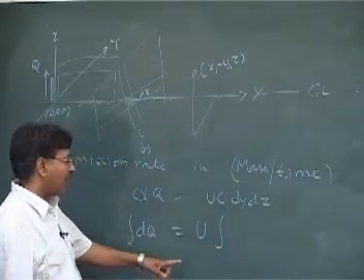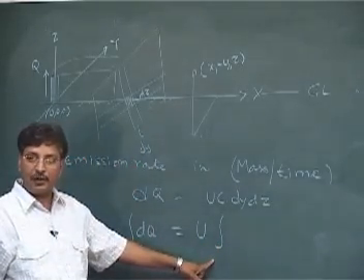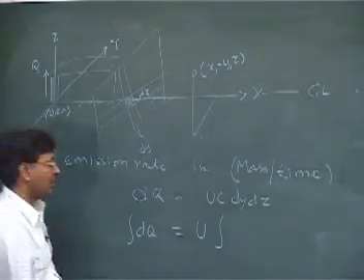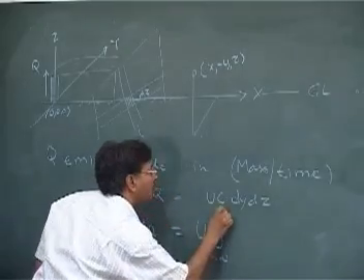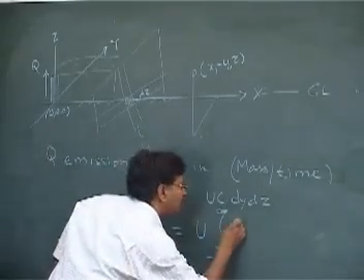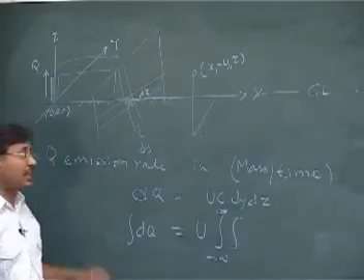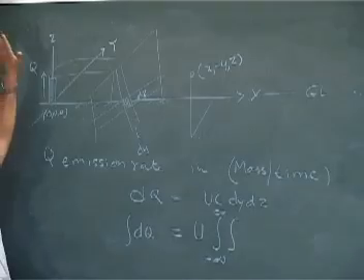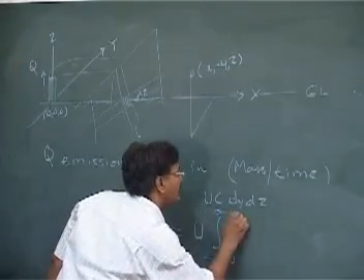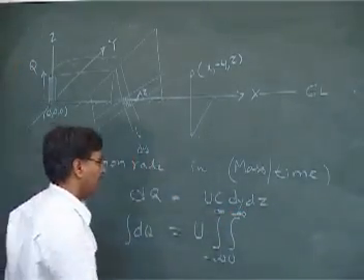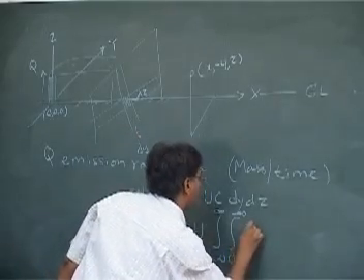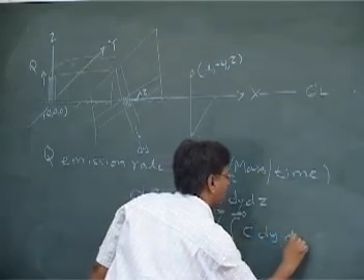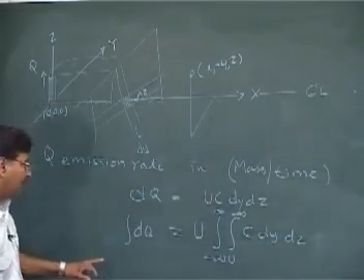Y I integrate from minus infinity to plus infinity, because the plume can go this direction and this direction. This is a double integration, and z I can integrate from 0 to infinity, because nothing will go below the ground, and then I have to write C dy.